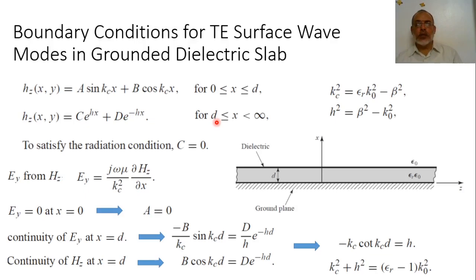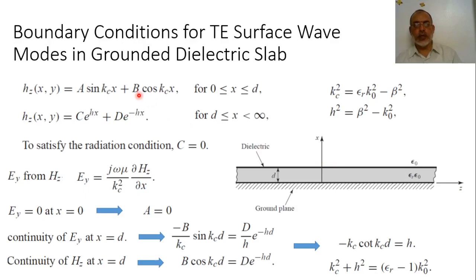By applying the boundary conditions at the interface between the air and the dielectric medium, the tangential magnetic field inside the dielectric at x equals d should equal the tangential magnetic field in the air at x equals d.